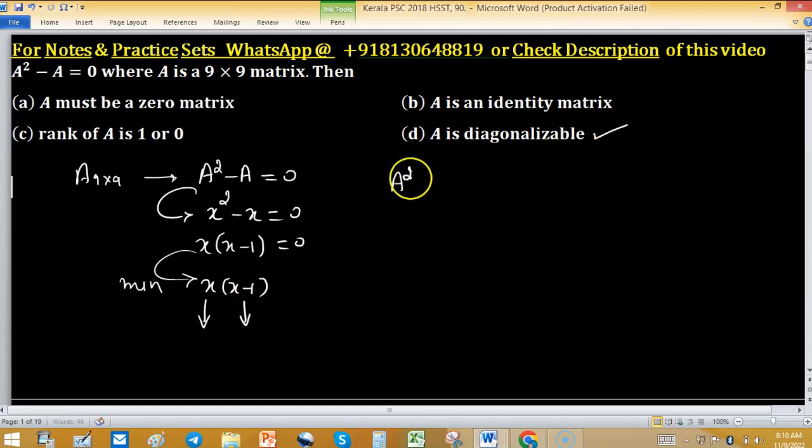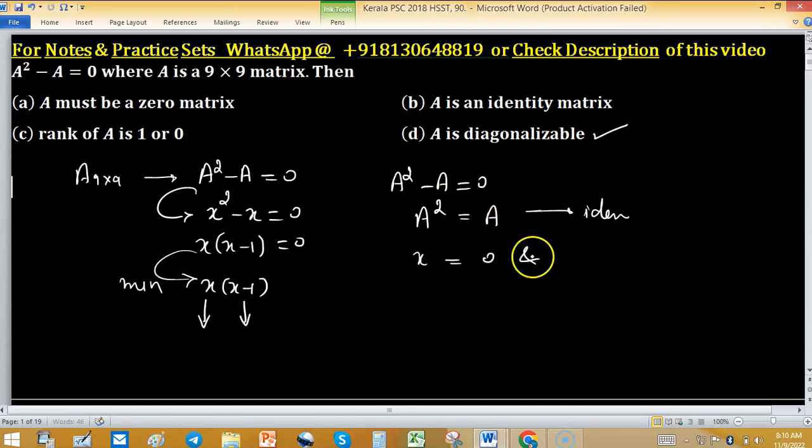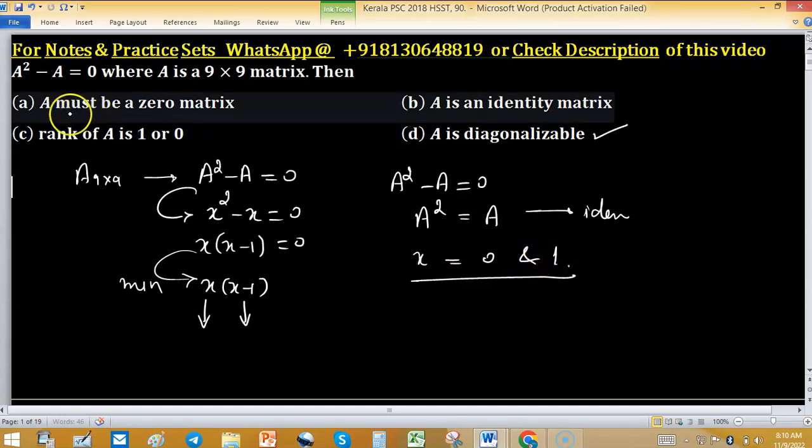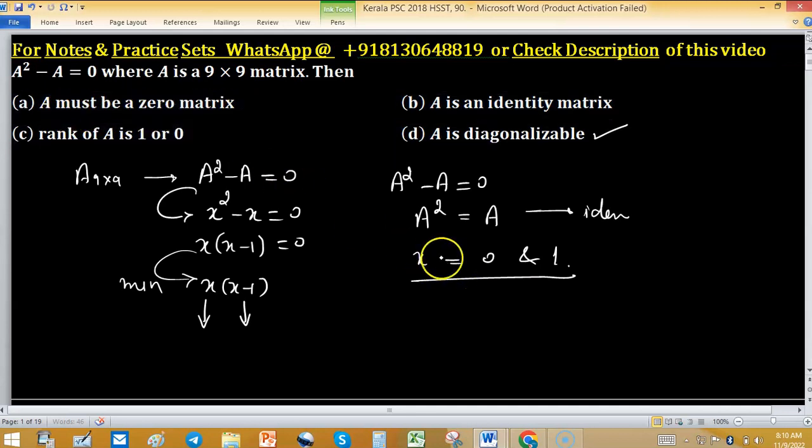And A square minus A equals 0 means A square equals A, so A is an idempotent matrix, and we know that the eigenvalues of an idempotent matrix are 0 and 1. Option A: A must be a 0 matrix.